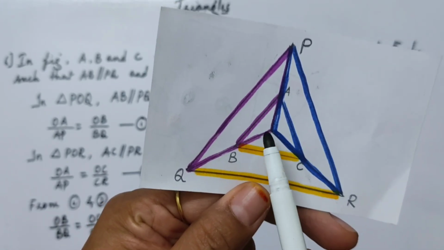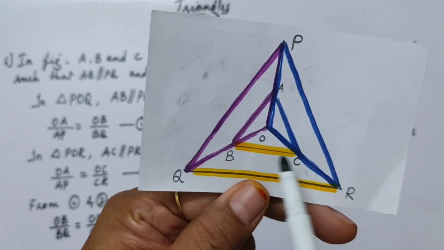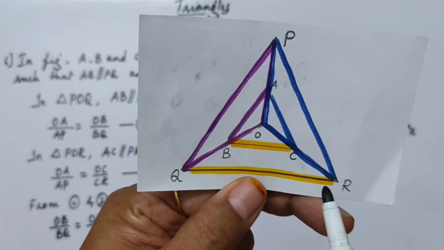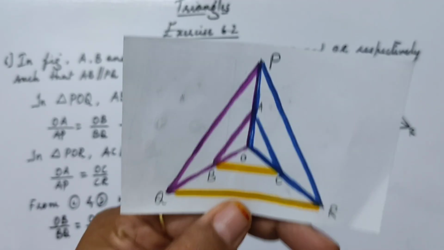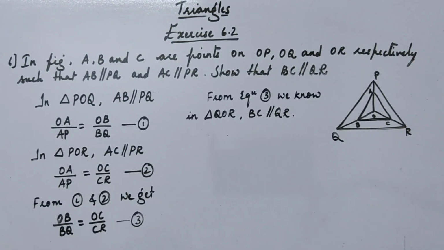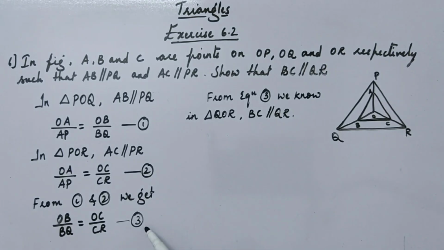So we have got the ratios, students. When we got the ratios, obviously the sides are parallel: BC is parallel to QR. It is already proved here, right, students? I hope this is clear to you all, students. From this equation 3, what did we get here?